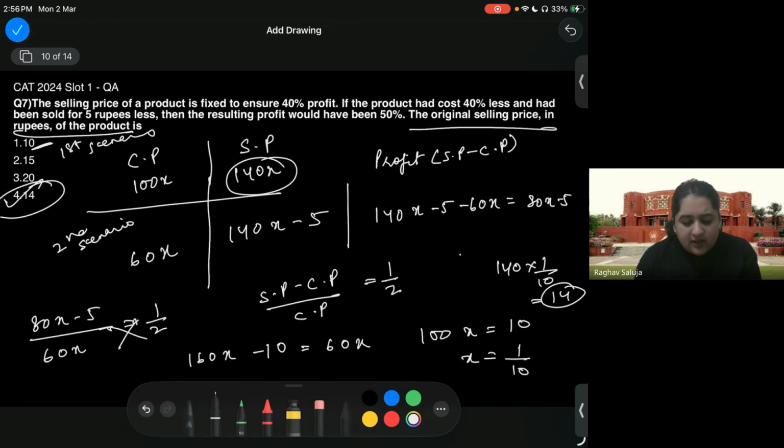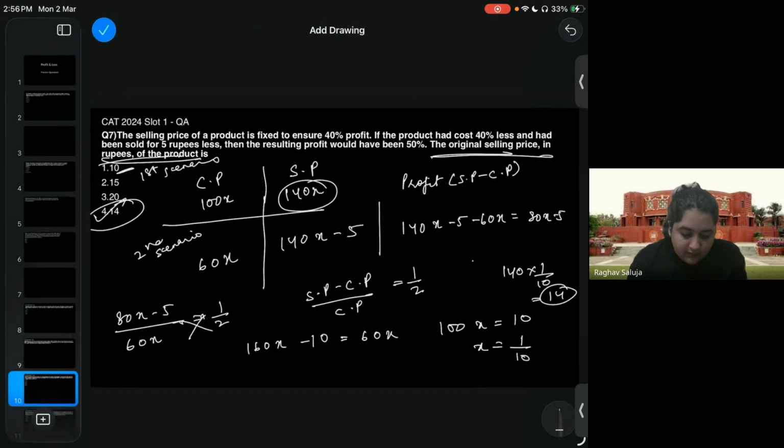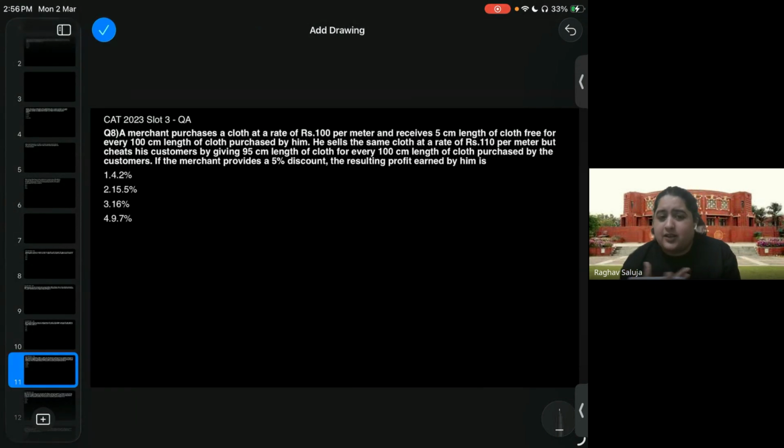These are the types of silly mistakes that people make. So be careful of what the question is asking because you have solved everything. But if you don't read what the question is asking, you might make a mistake. And then it doesn't actually matter if you know the question or not. So being vigilant is very important in CAT paper.